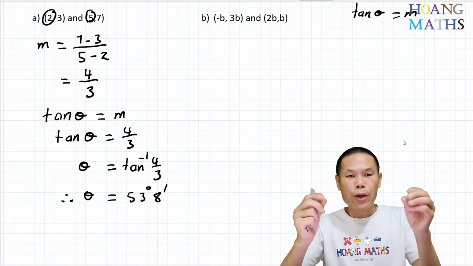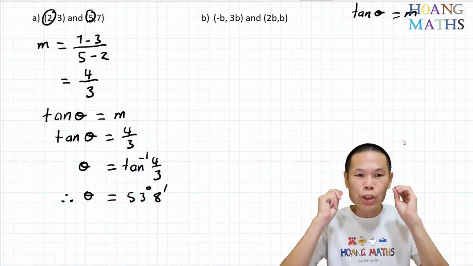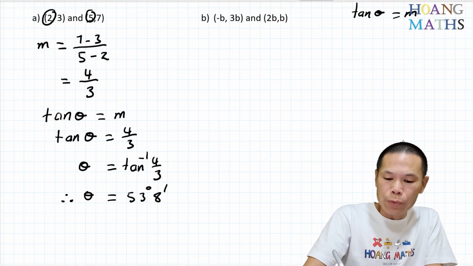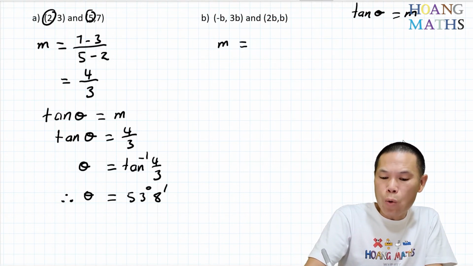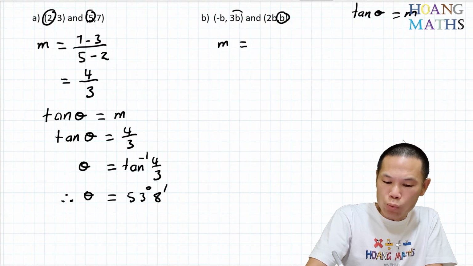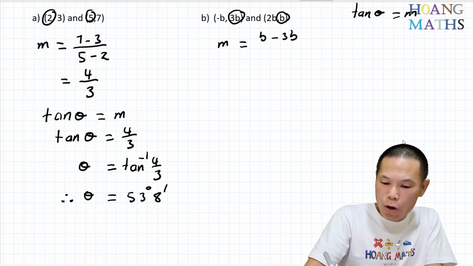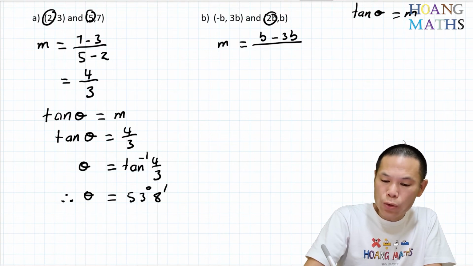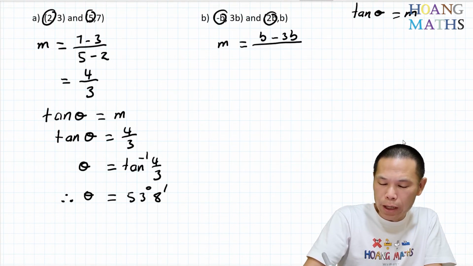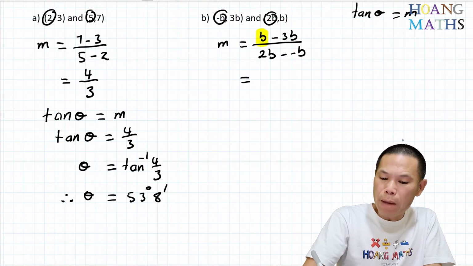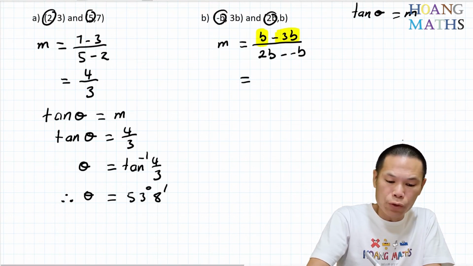So there you go. Part B, again, we need to work out the gradient first. Don't forget, the gradient is equal to y2 minus y1, so b minus 3b, over x2 minus x1, so 2b minus negative b. B minus 3b is negative 2b.